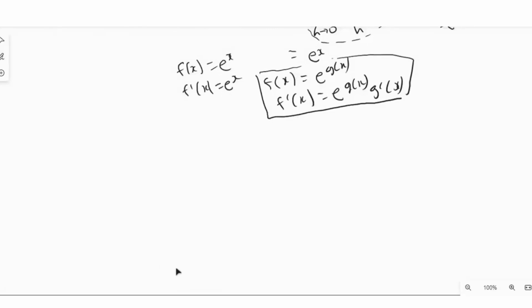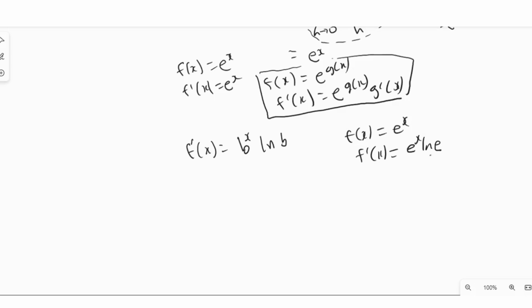How about if b is any number? Let's say f(x) is b to the power x, and I say ln of b. This comes from: if f(x) is equal to e to the power x, then the derivative of that will be e to the power x times ln of e.